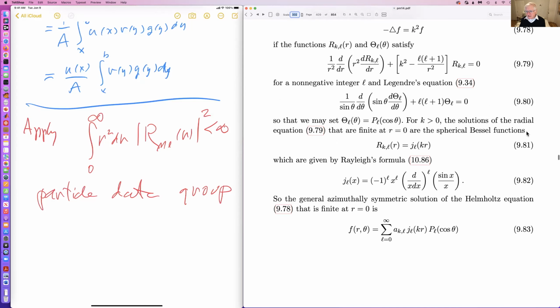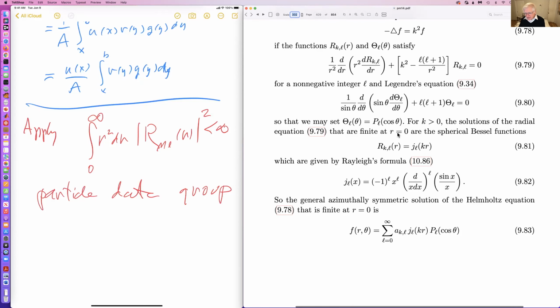If k is positive, the solutions of this radial equation that are finite at the origin are spherical Bessel functions. Spherical Bessel functions are quite nice functions, especially compared to cylindrical Bessel functions. You see, the sphere has such symmetry that the solutions associated with it are simple, whereas the cylinder has less symmetry.